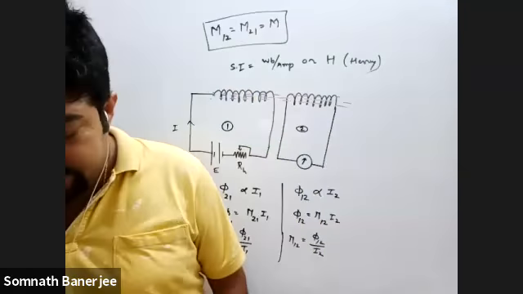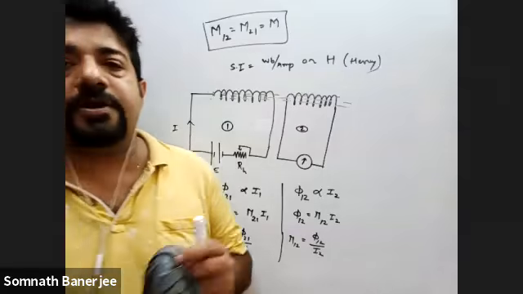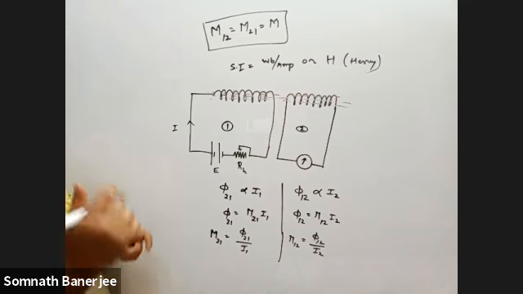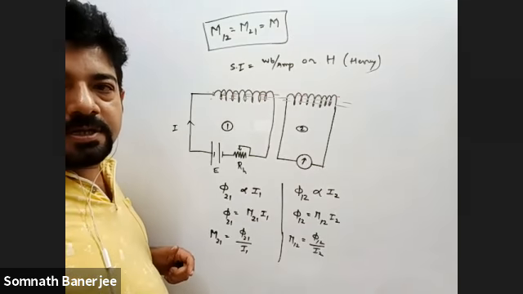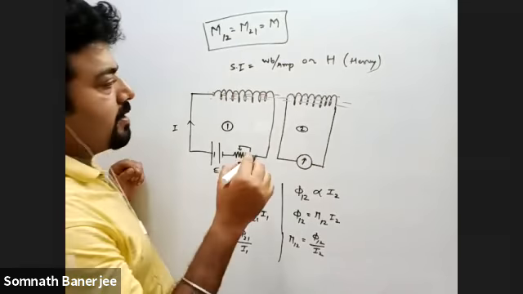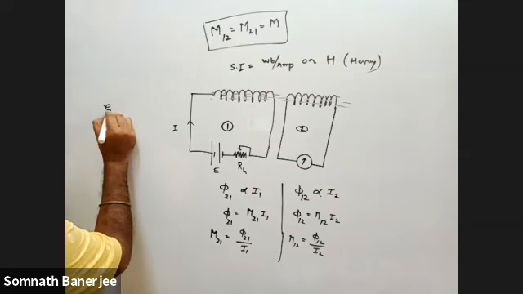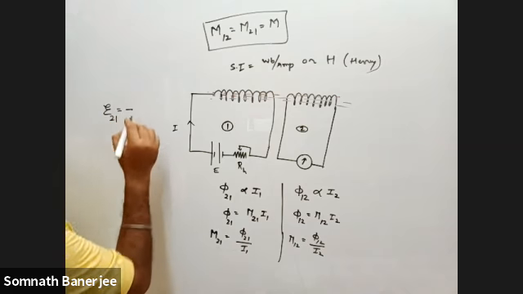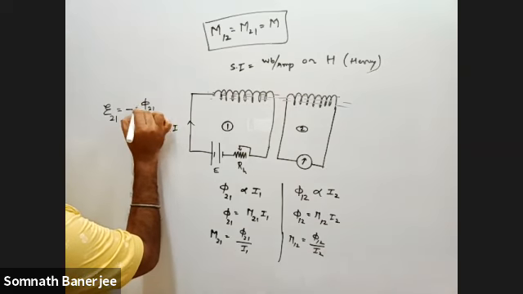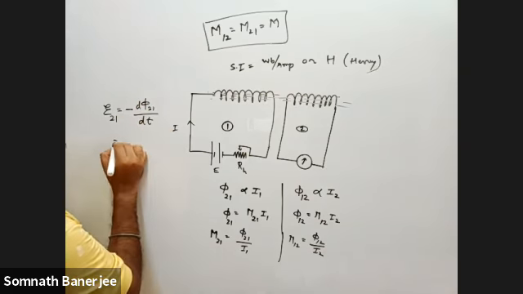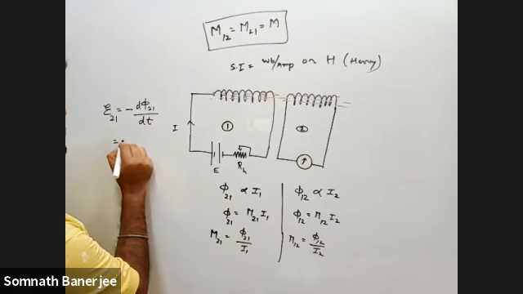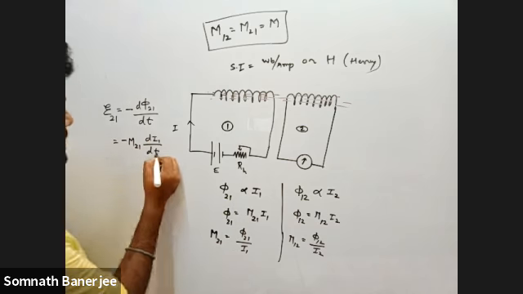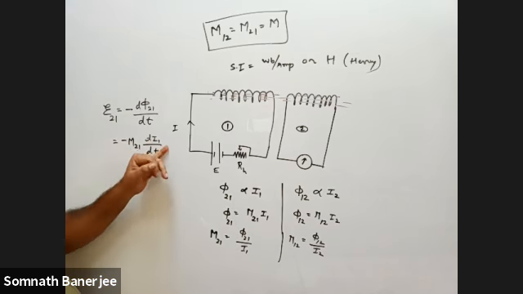Case: mutual induction for solenoid. From that we get some more information. If you want to write the EMF at the second coil due to the first coil, that is minus d(flux at second coil due to first coil) by dt, and flux depends on this, so we can write minus M21 dI1 by dt.